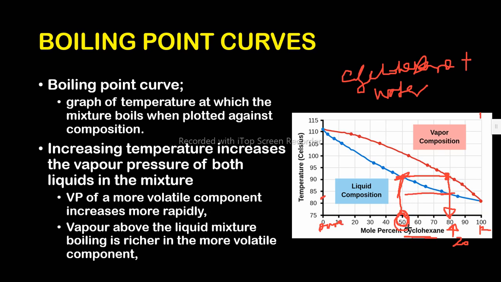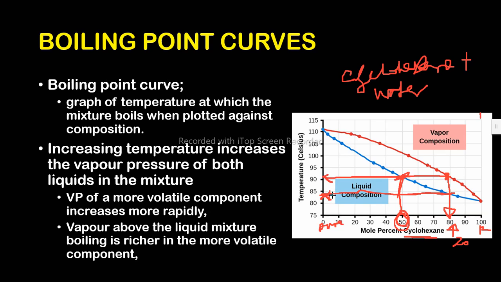You can have a look, you can see. It is going to be lower. So if this one boils at 90, for instance, then this one will boil at something like 82.